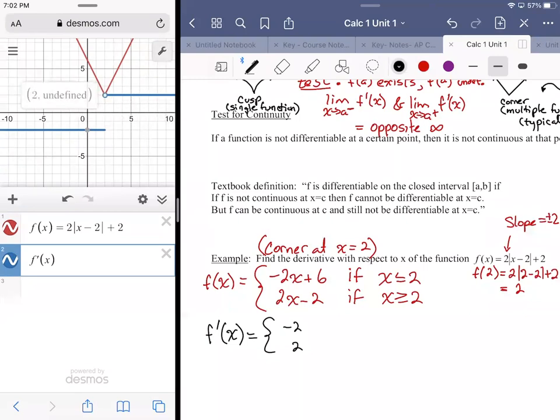It says undefined here, but that's just the calculator being difficult, right? Because it is a defined value. Or at least one of them is, because you wouldn't necessarily expect both of them to be, because then it would fail the vertical line test.